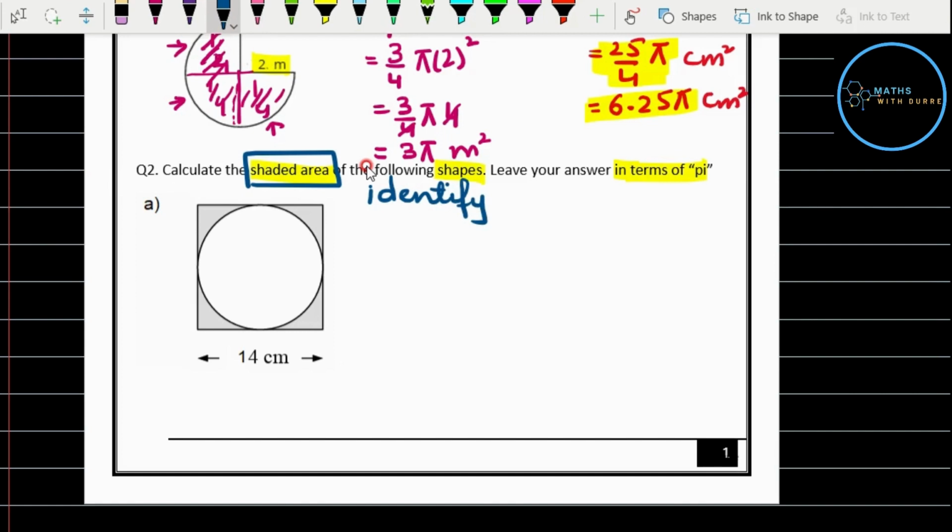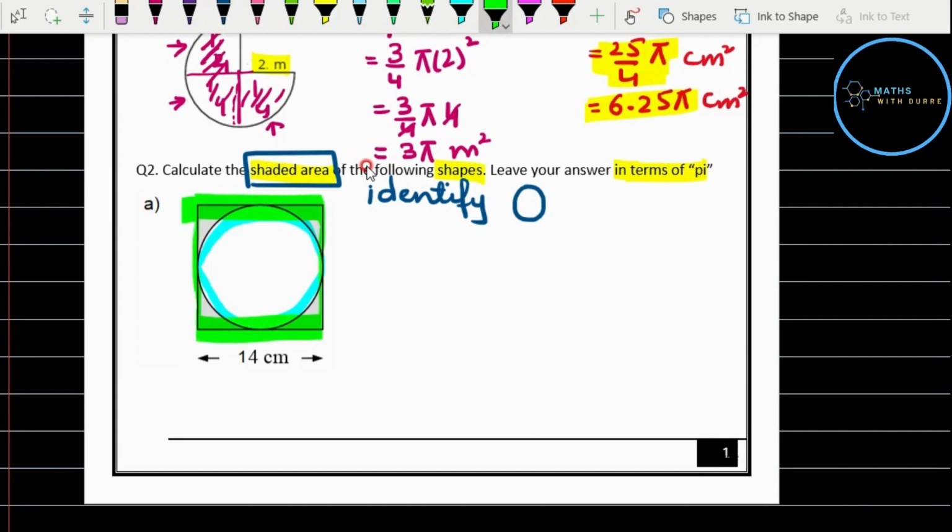How many shapes are given here? How many shapes are drawn? Just identify. Let me check. I just observe this circle is drawn. So I can say there is a circle. And next I got to know, oh, there is a square also.